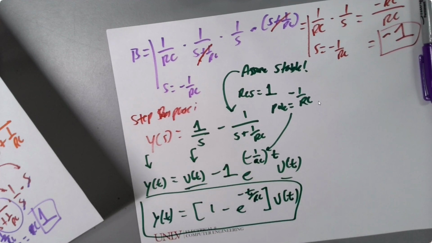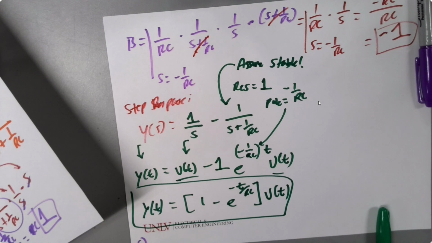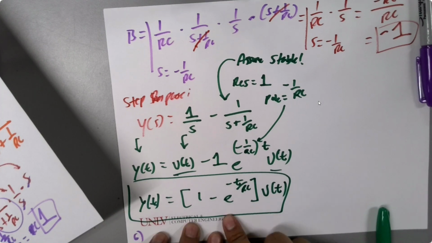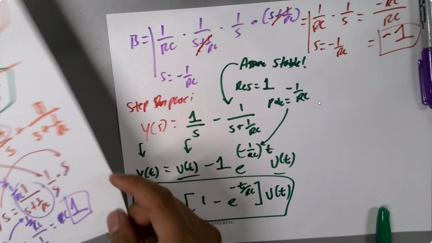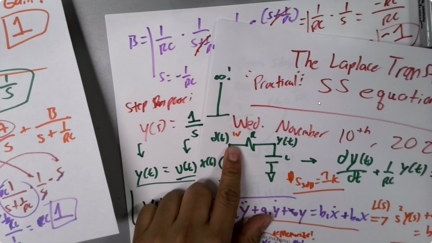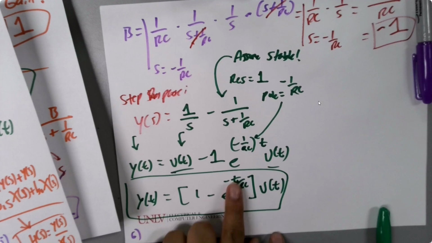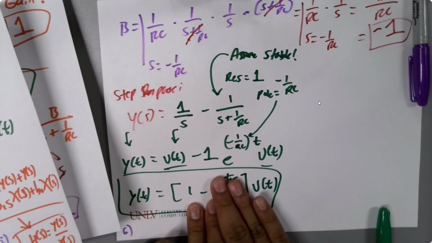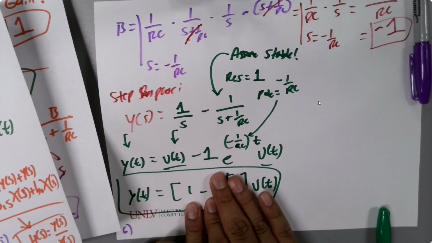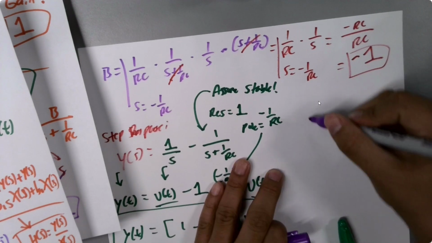Boom. Does that look familiar? Just step response. So what happens when you input a volt right here, a step right there? Boom. As t goes to infinity, this goes away. You just get that 1. Make sense?